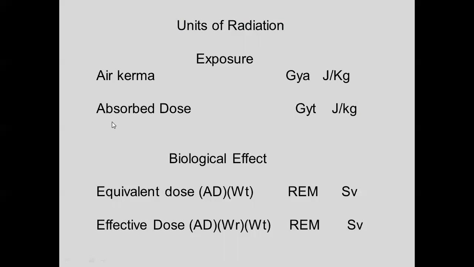And then from that, we can also get how much radiation whoever gets irradiated absorbs, which is also in gray, joules per kilogram. I should say air kerma is how much radiation is absorbed in air, and absorbed dose is how much energy the patient has absorbed, okay?